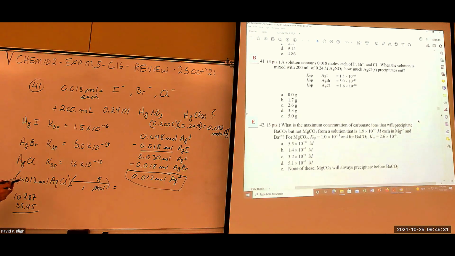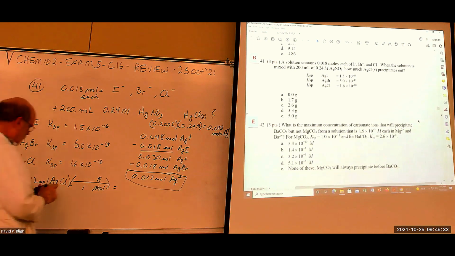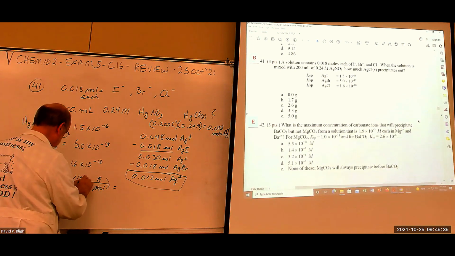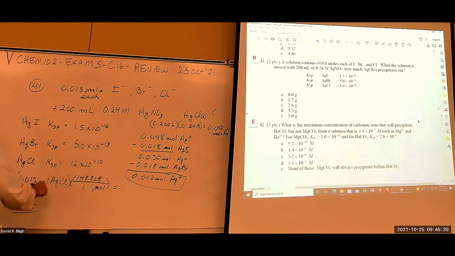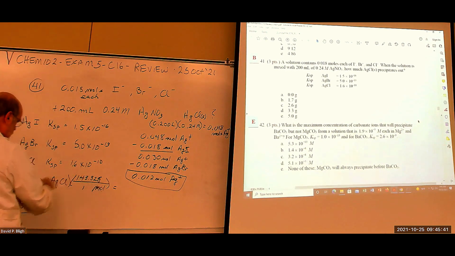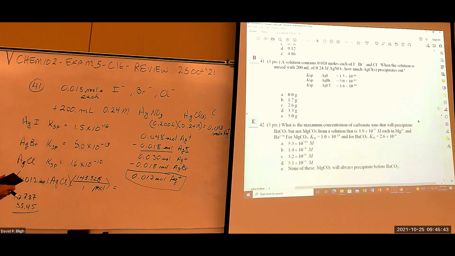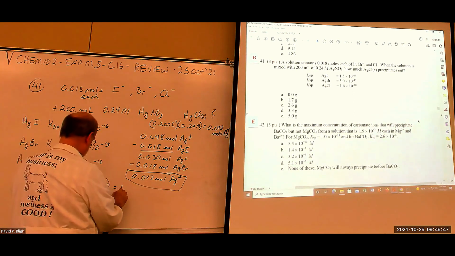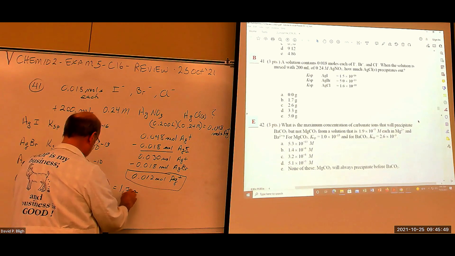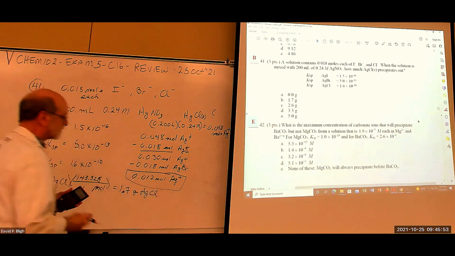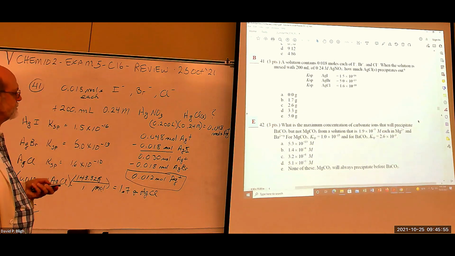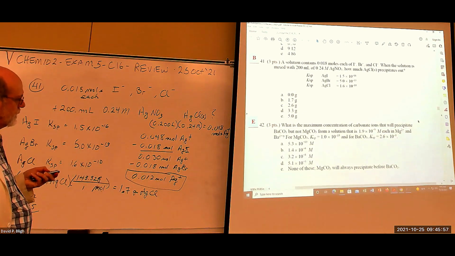So I get 143.32. So did we do that? Yeah, cancel moles of these grams. 0.012 is 1.7 grams of silver chloride precipitate. There it is.